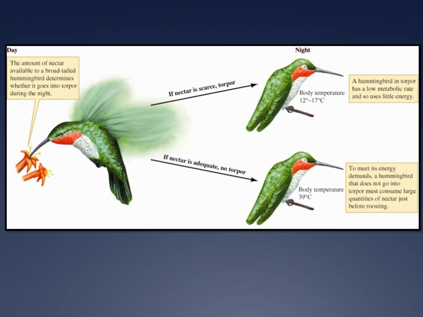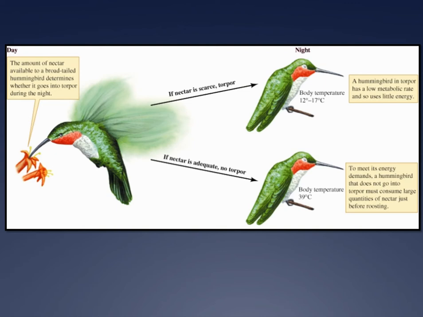So if it's a high, steady body temperature generated by its own heat, what are the two terms that we would associate with the left side of this diagram for this hummingbird? And I hope you said a homeothermic endotherm.